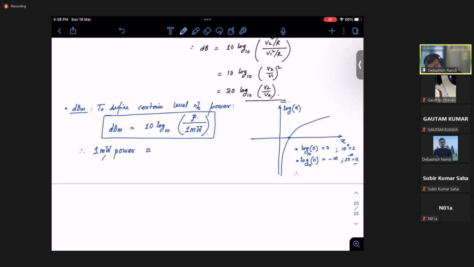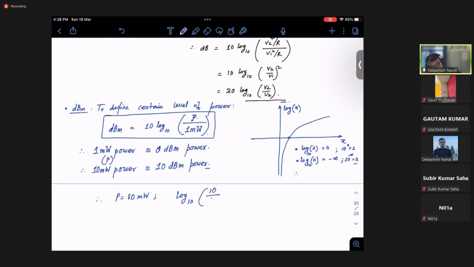Okay. So now can you tell me what it is for 10 milliwatt power? 10 milliwatt power would give log 10, which is 1, right? So it will be 10 dBm power. If P is equal to 10 milliwatt, then log of 10 by 1 milliwatt is log10 base 10, right?